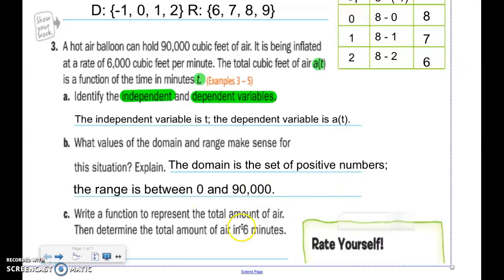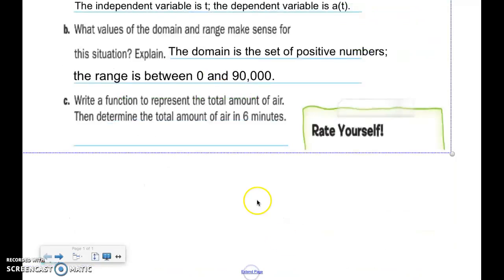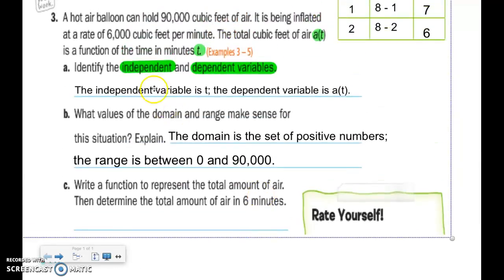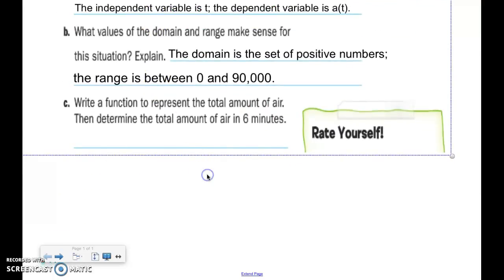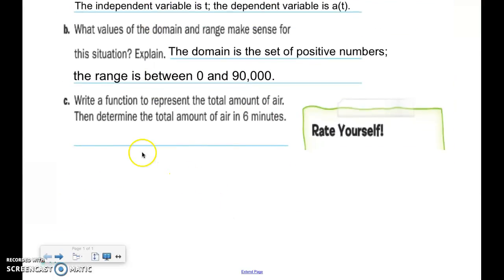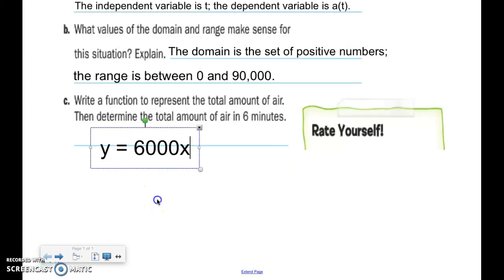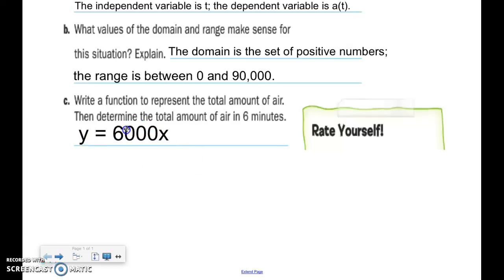So lastly then, write a function that represents the total amount of air. Okay, so that was our equation, y equals 6,000x in this case, but I'm going to turn that into a function. If I'm considering y equals 6,000x, then all I should have to do is rewrite my situation using the input and output values that they gave me.